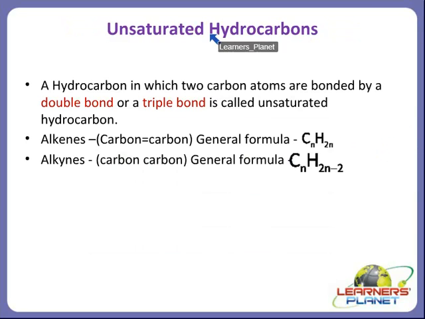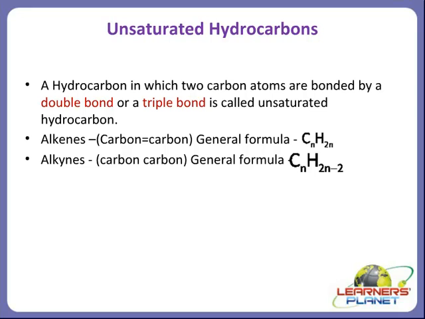Now, let's see what unsaturated hydrocarbons are. A hydrocarbon in which 2 carbon atoms are bonded by a double bond or a triple bond is called an unsaturated hydrocarbon. That is your alkenes. There is C double bond C, and its general formula is CnH2n.